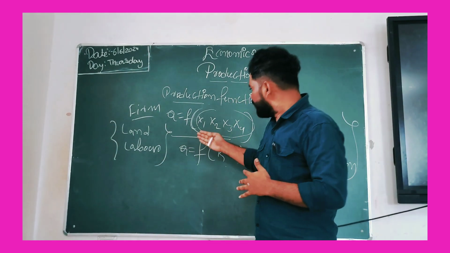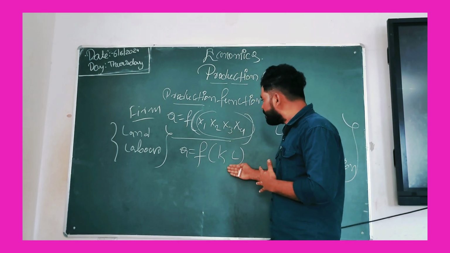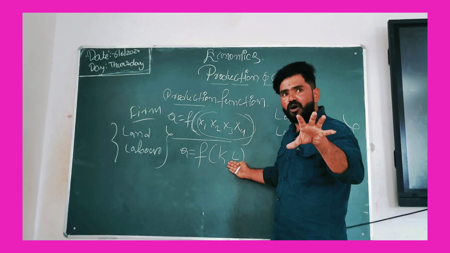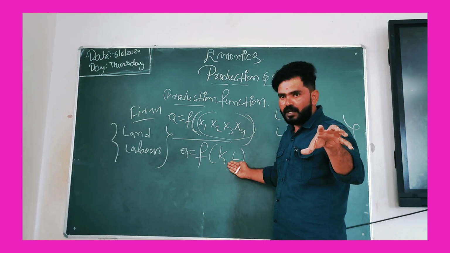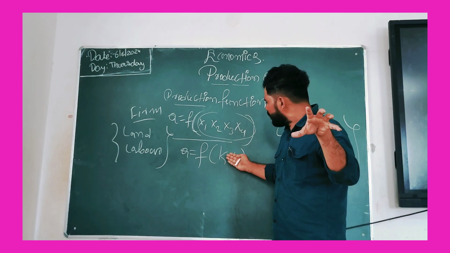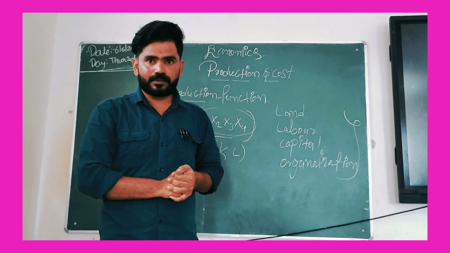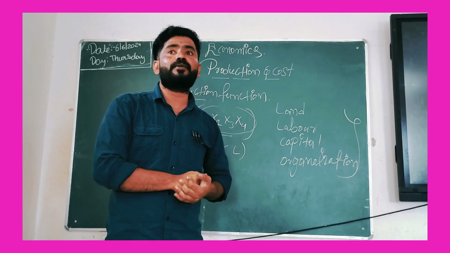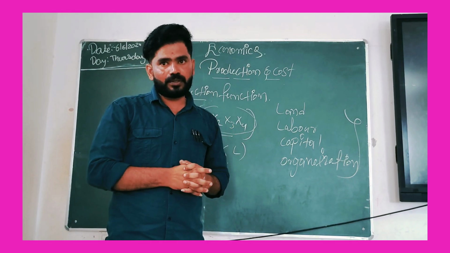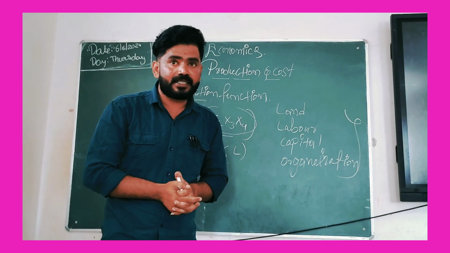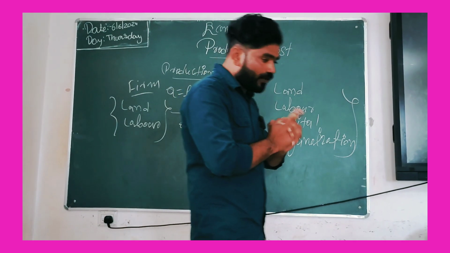So the firm uses two types of inputs and produces the maximum level of output. This is called a production function.